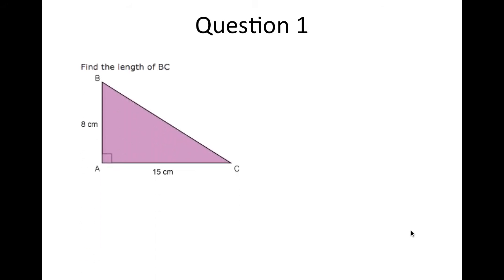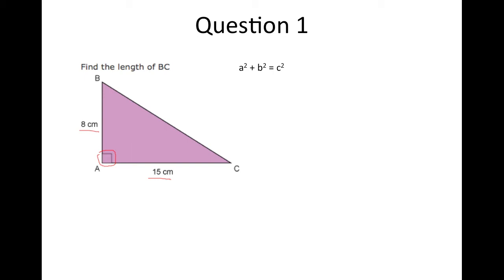Question 1. Find the length of BC. Now we can see that this is a right angle. Am I right? Yes? So this is a right angle triangle. We're given the lengths of two sides, so we can use this formula. So first thing we do is we write down the formula. Now what we have to do is go back to the first rule.